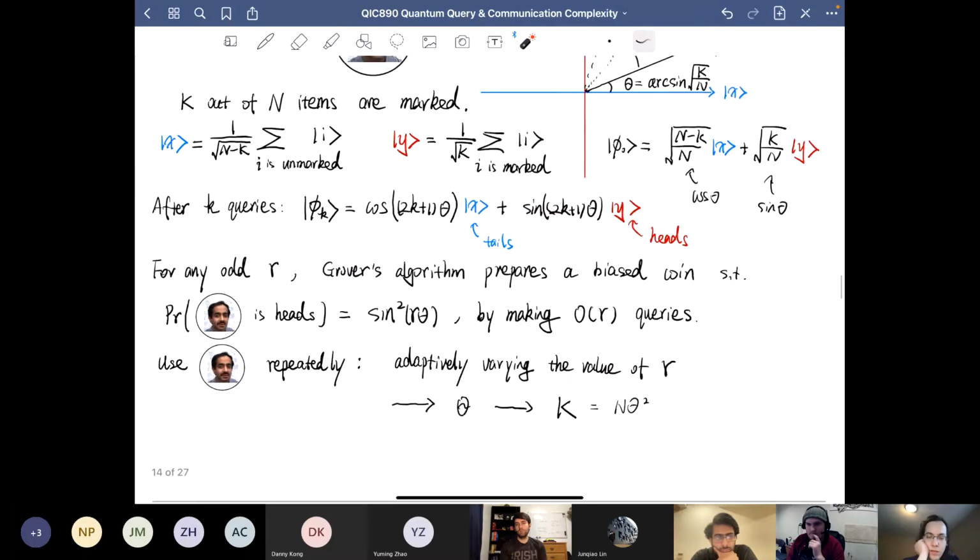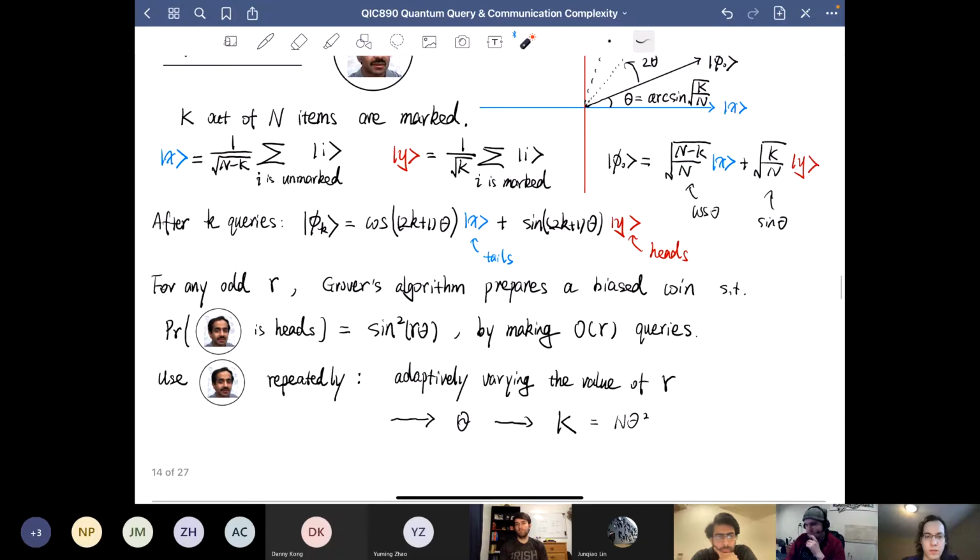So in conclusion, for any odd number r, where r is basically 2k plus 1, Grover's algorithm will prepare a biased coin which is heads with probability sine squared r theta by making O(r) queries. Well, here the number of queries is roughly r over 2.